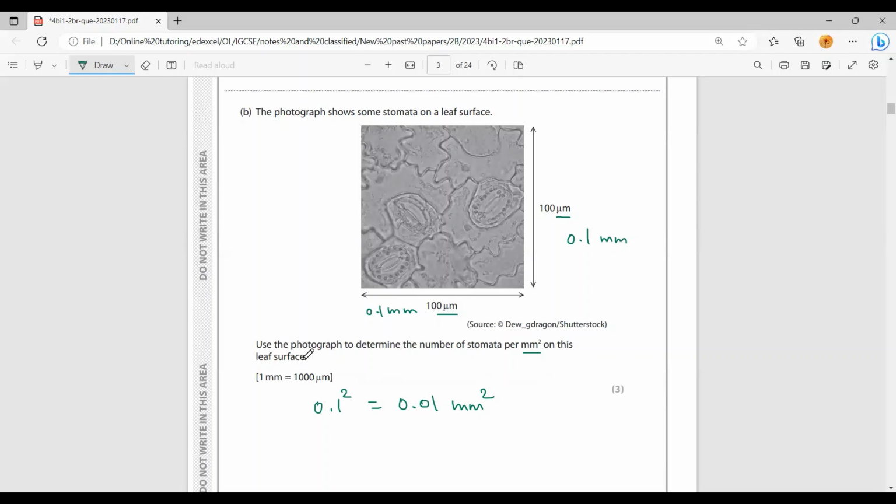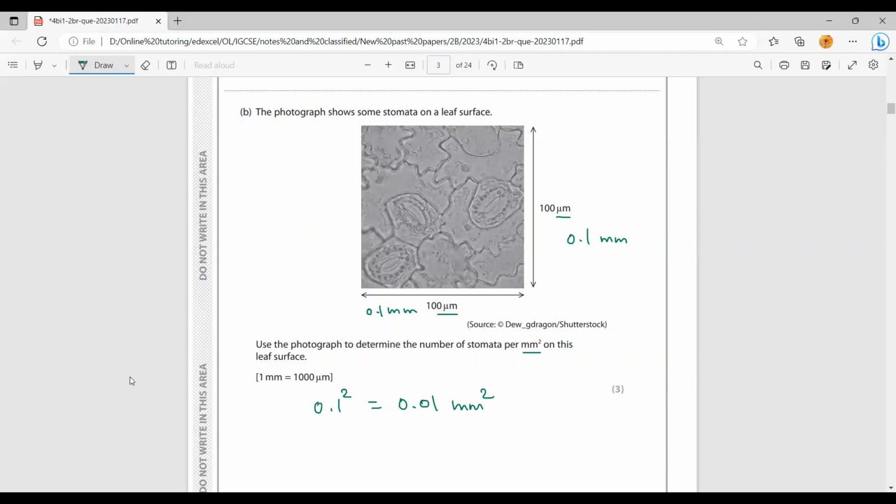Let's go to the question. Use the photograph to determine the number of stomata per millimeter squared on this leaf surface. So what will I do? I think 0.01 divided by 3. We have 3 stomata in 0.01.